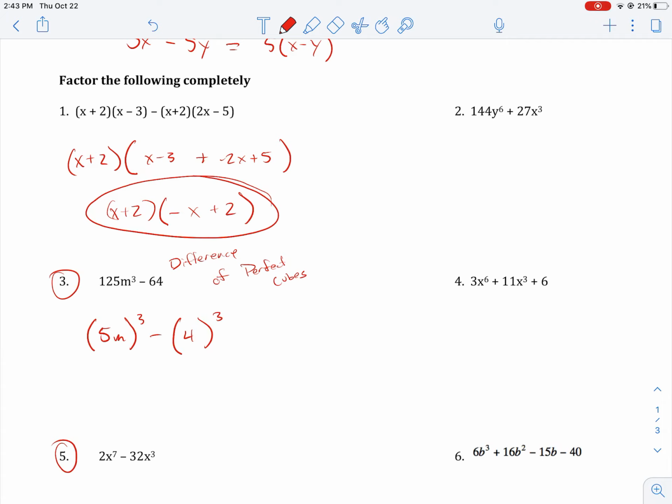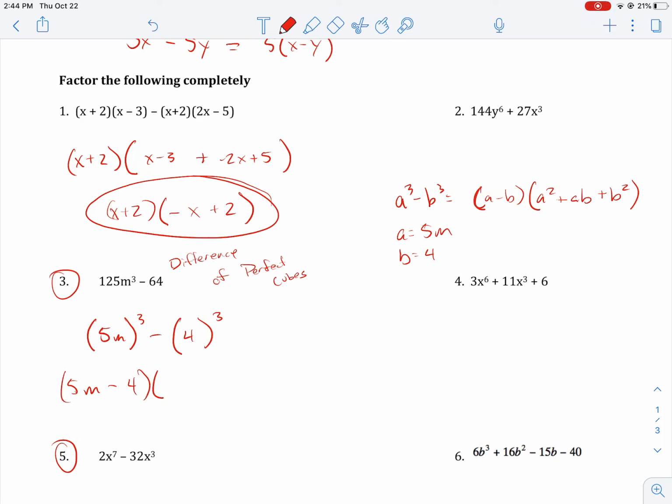Remember, this formula is found by a cubed minus b cubed is equal to a minus b, a squared plus ab plus b squared. Okay, so that is our formula for that, which means our a value here is 5m. And our b value is 4.